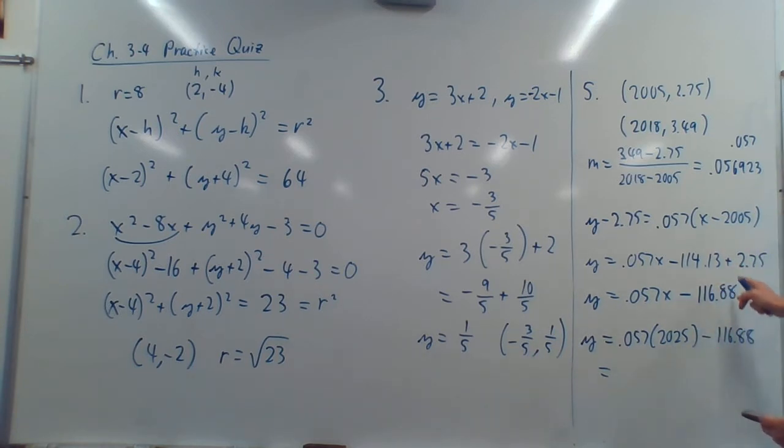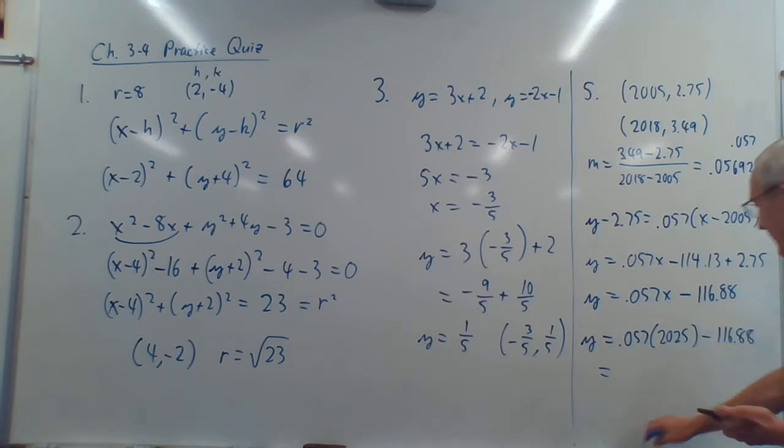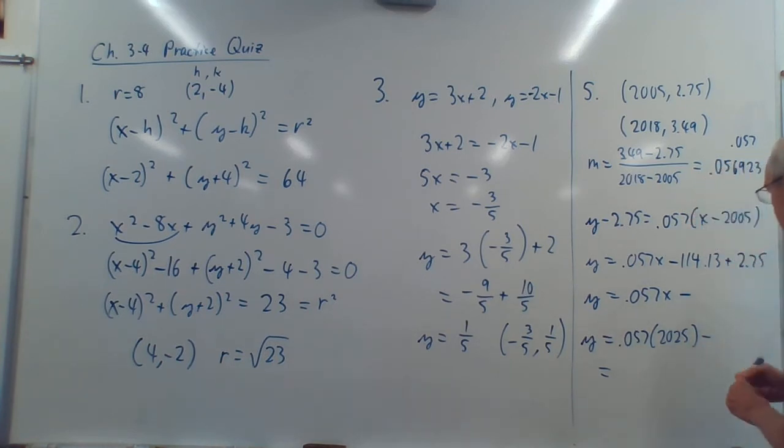What did I do wrong? How can this be? Make it negative. So it's 114.13 minus 2.75. Okay, this is 111.38, which you guys probably knew, waiting for me to figure it out. Sorry about that. So minus 111.38. Okay, now it should make sense.